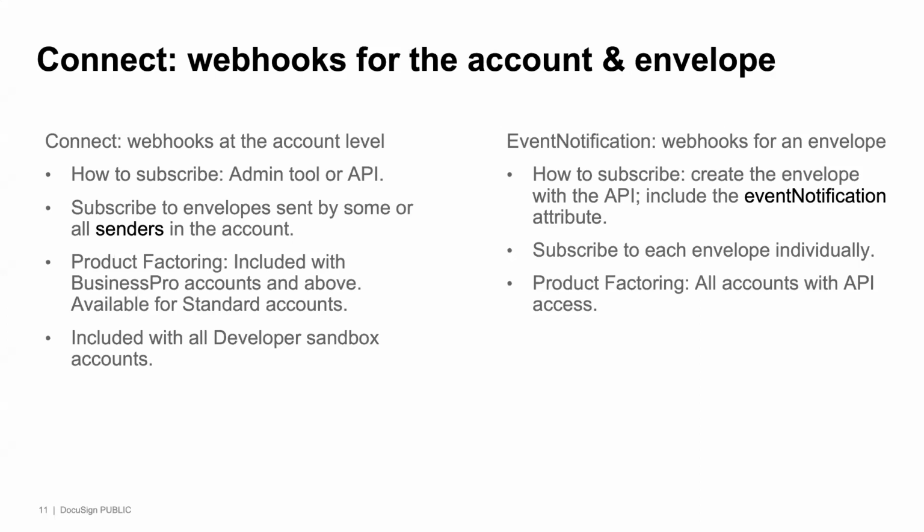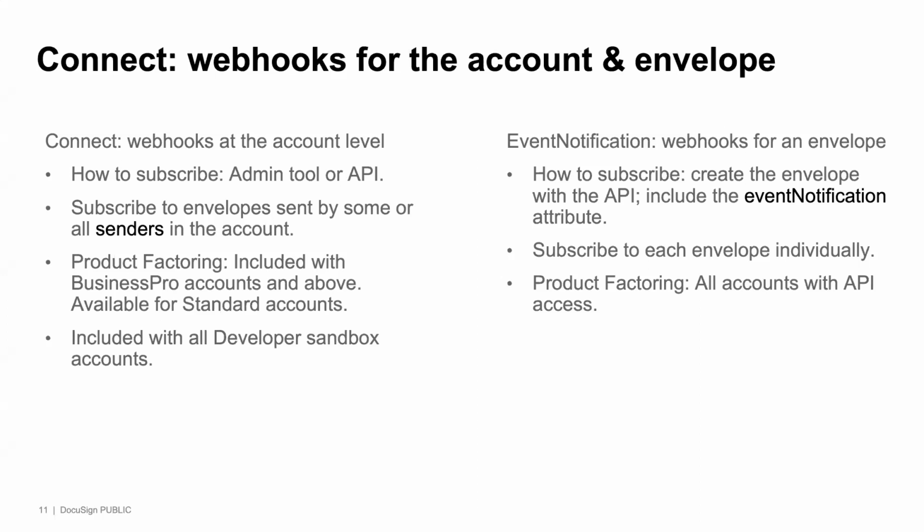Now, the other way of subscribing to a webhook event is at the level of an individual envelope. We call this event notification. But in fact, it's part of Connect, and the logging is under the Connect section of the admin tool and things like that. In this case, the way you subscribe is when you create the envelope with the API.